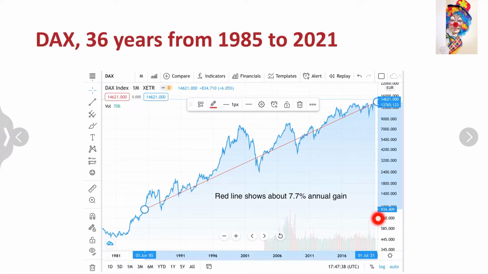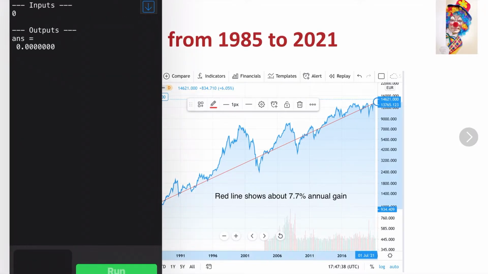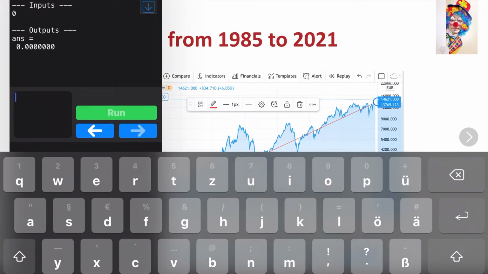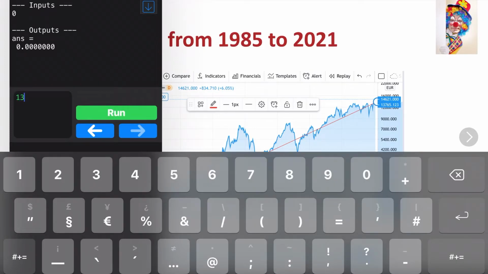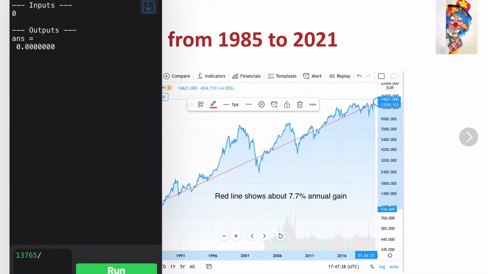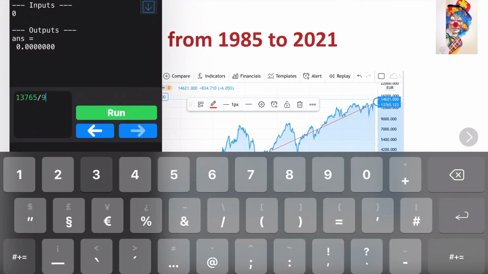And that's quite easy to calculate because you have here at the beginning of the 36 years a value of 934, and at the end a value of 13,765. So then you have to get a calculator, and you calculate first the 13,765 divided by the value at the beginning, 934. And then you have the x factor of 36 years. This is 14.7.